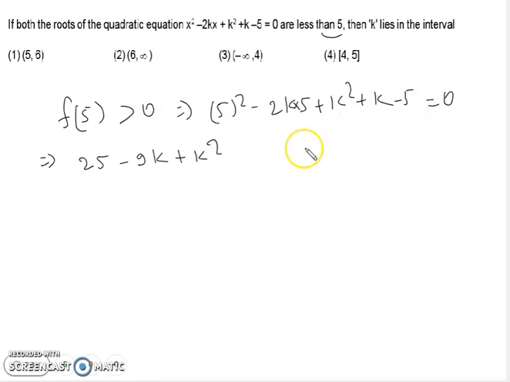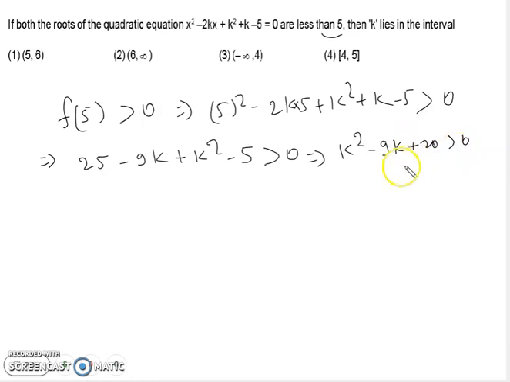This is greater than 0, not equal to 0, so we have to give the sign greater than 0, right? Now we arrange in the form of a quadratic: k square minus 9k, and after subtracting, 25 minus 5 gives 20, is greater than 0, right?